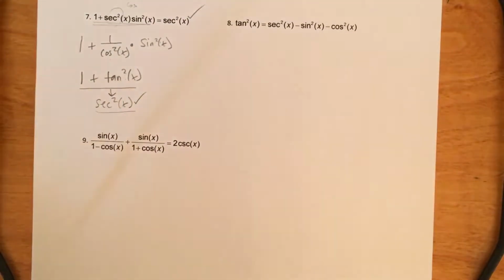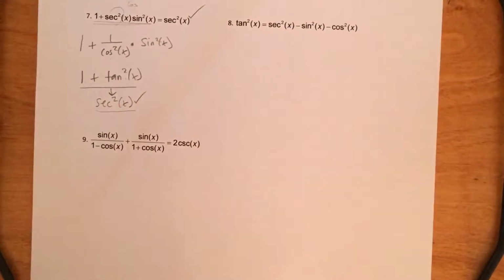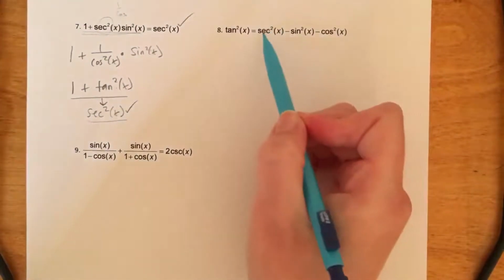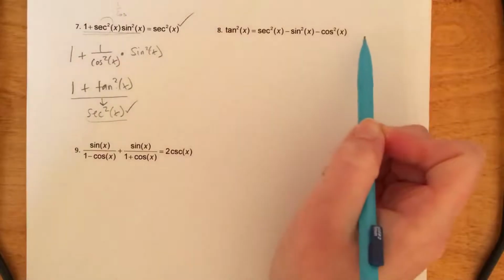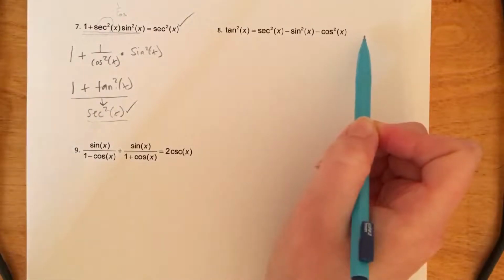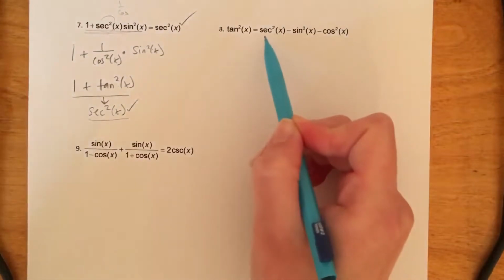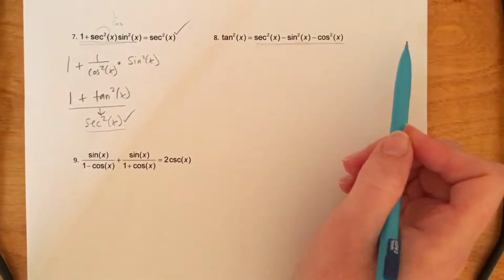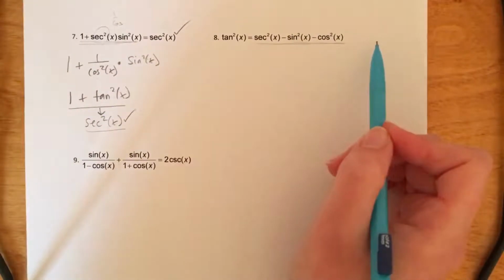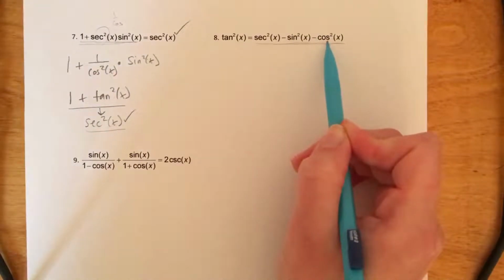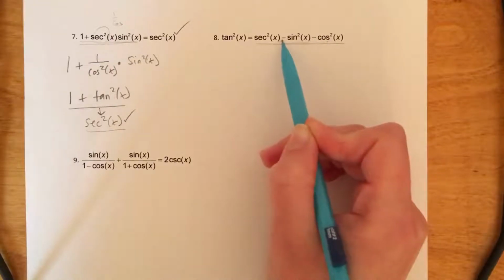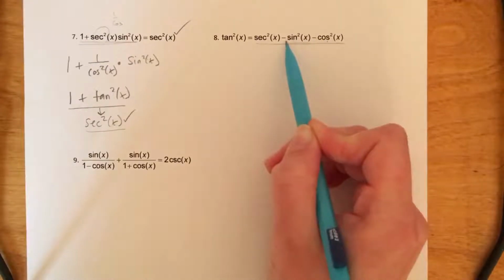Okay, problem number 8, we have tangent squared of x equals secant squared of x minus sine squared of x minus cosine squared of x. So we got a lot going on in this one. So I'm going to start off on the right side this time because there's more stuff happening. If this was sine squared plus cosine squared, that would be worth a 1. So what I could do here is pull out these negative 1s.